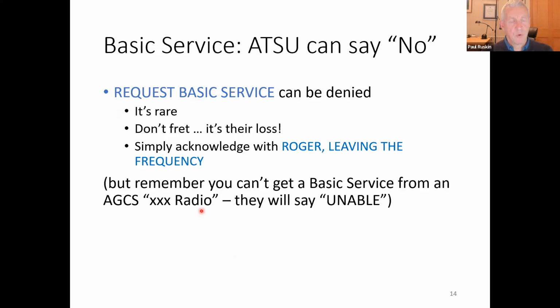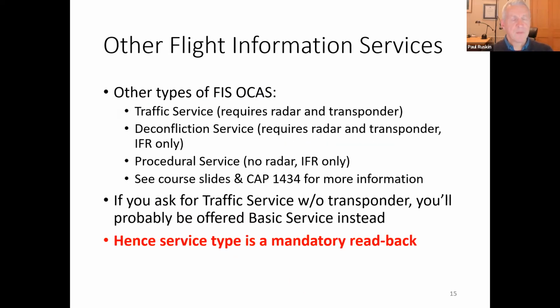Okay, so if you call a radio, they will say unable. Other flight information services, there's a traffic service, and that really requires radar on their part and a transponder on your part. And they will give you information about traffic.